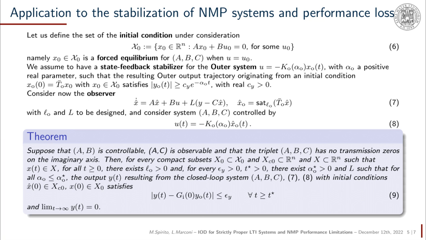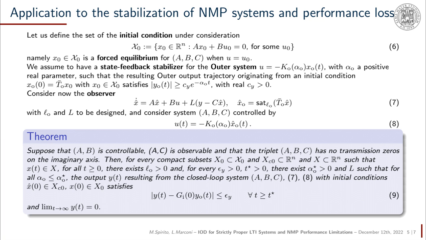Y resulting from the closed loop system ABC satisfies that the difference between the real plant output and the outer dynamics output, except for the equivalent static gain of the inner system, is lower than epsilon Y for all t larger than t star.